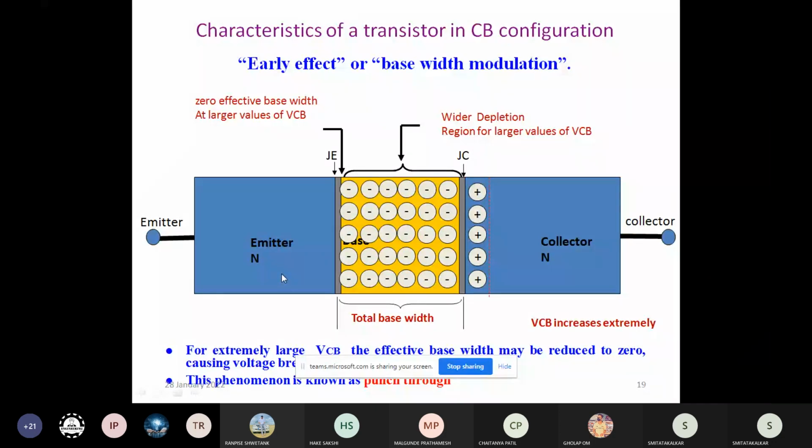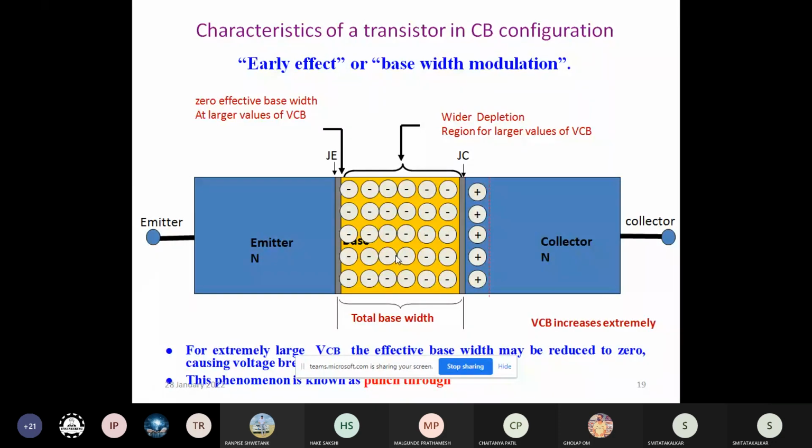That's why the emitter terminal is an open switch in the total base width. If the width is increasing, the barrier potential voltage is increased in the output base-collector voltage.